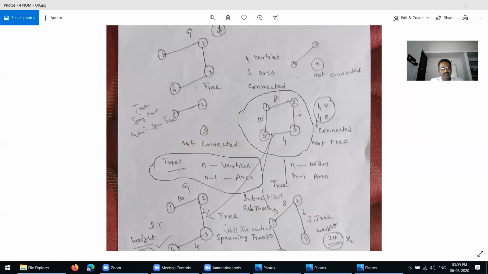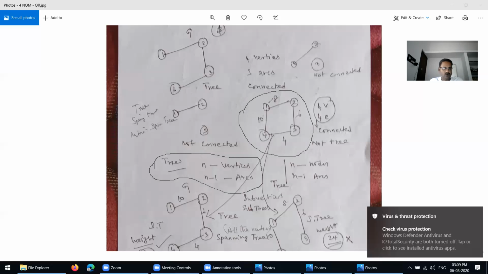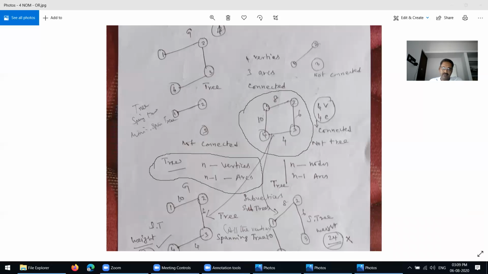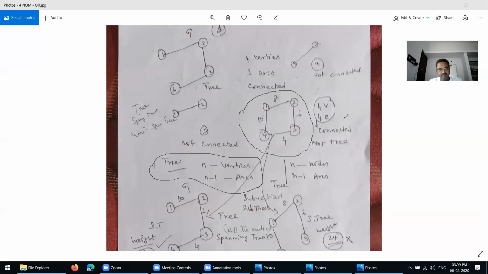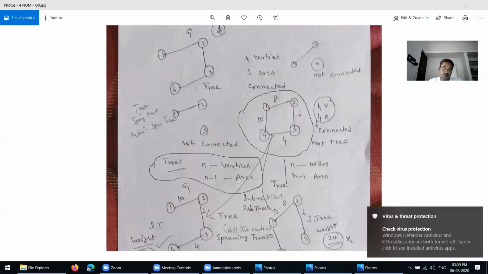1, 2, 3, 4 is connected, but it's not a tree because it has 4 vertices and 4 edges. You understand? This is a very important thing. Based on this, we have to develop the network problem. Tree means we have n vertices and n minus 1 arcs or edges.